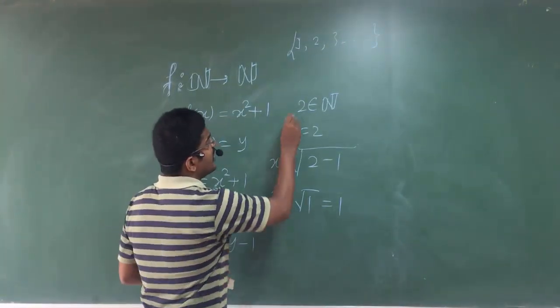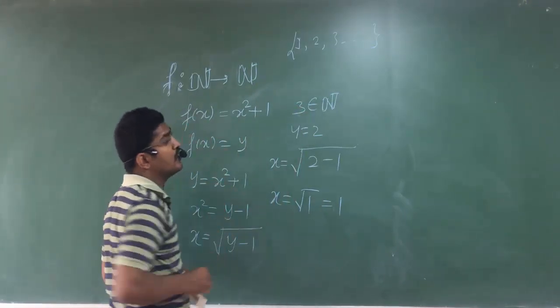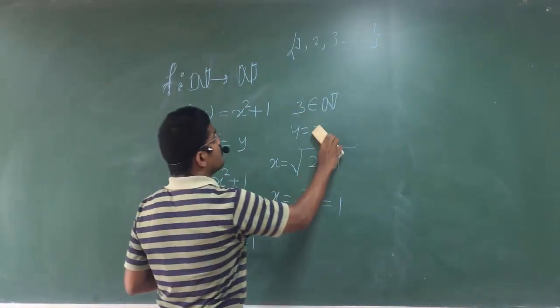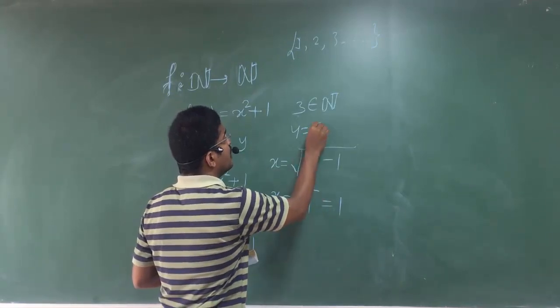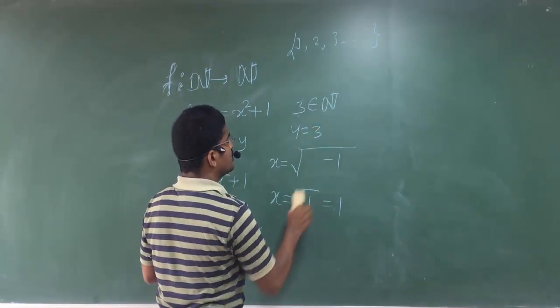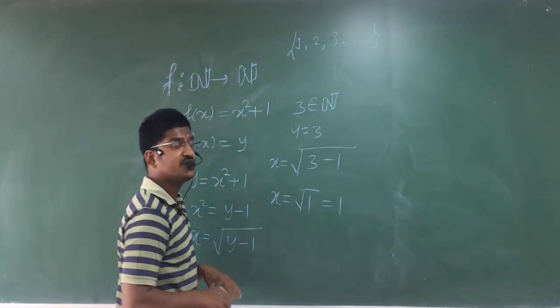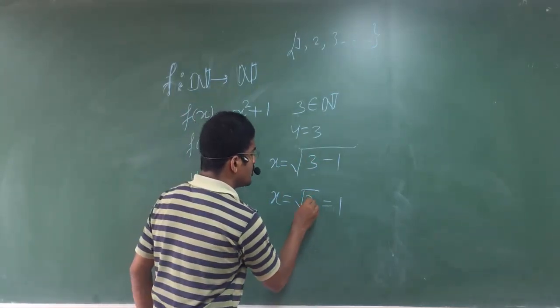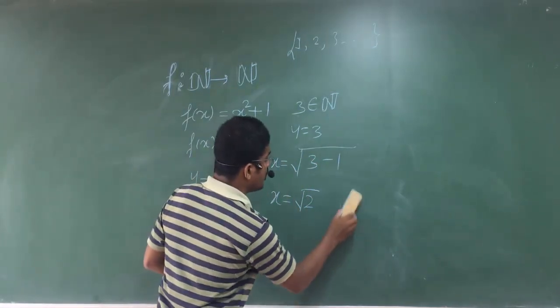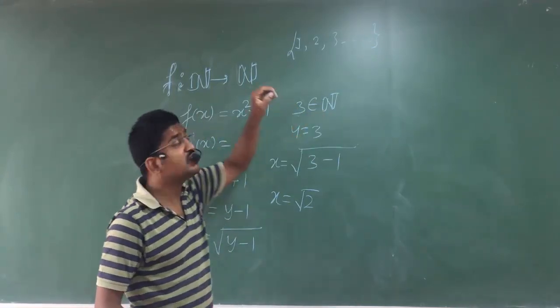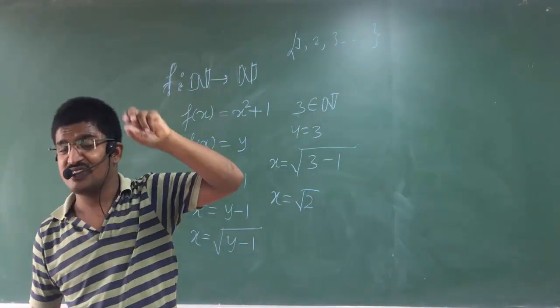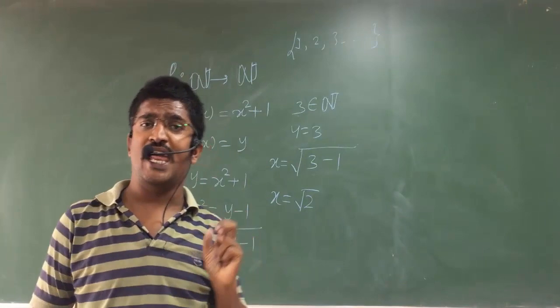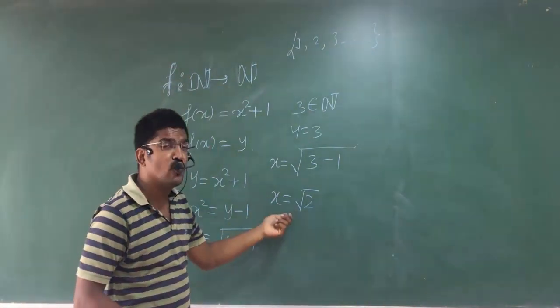Okay. So if I take 3, what will happen? If I take y equal to 3, it will be equal to root of (3 minus 1), which is root 2. Therefore, if I take 3 from the natural numbers of the codomain, then I will get root 2.